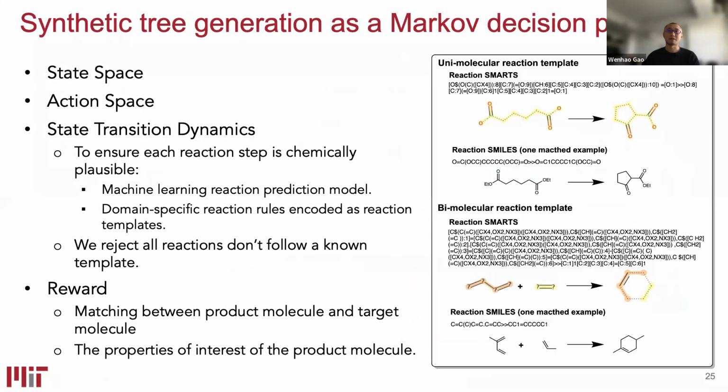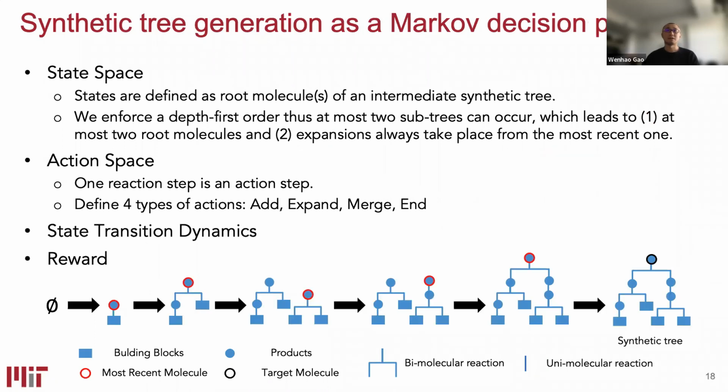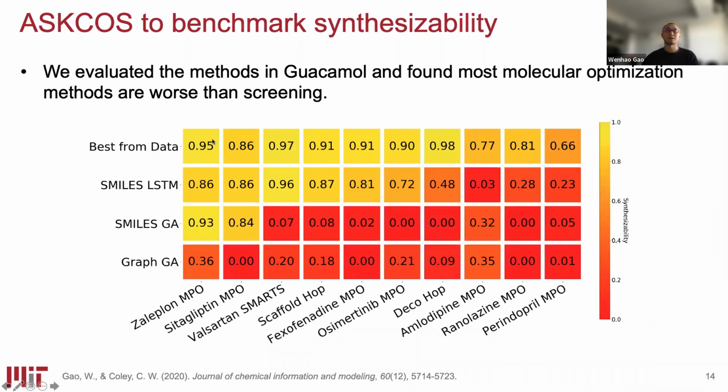No, so the answer I think is no. Most of the previous methods implicitly define the chemical space to navigate, and the way they define it is just by allowing valid SMILES strings or valid chemical graphs that are constrained by the chemical valence.